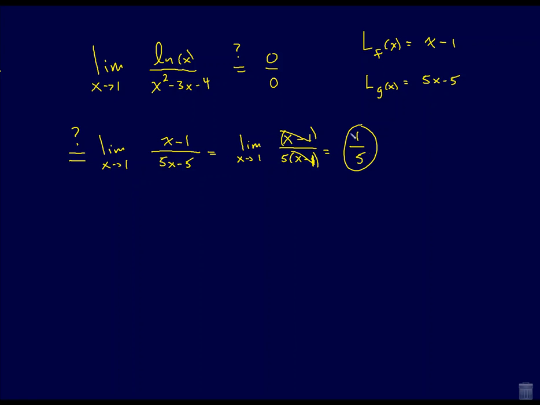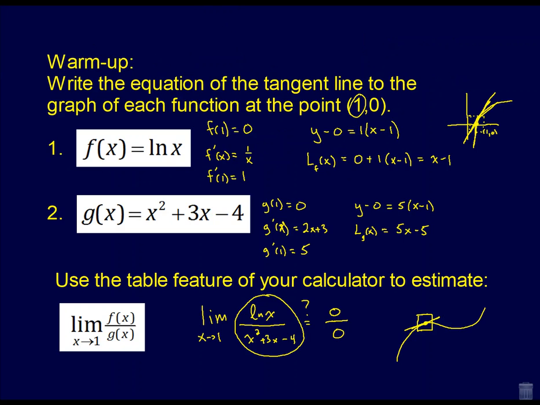It turns out that'll always work. And that's what we know as L'Hopital's rule. I want you to point out the significance of the 1 and the 5. Remember back to the first warm-up problem, the 1 really traces back to here, and 1 was the slope of this function's tangent line. And the 5 was the slope of this function's tangent line. And that is where we get this rule from.